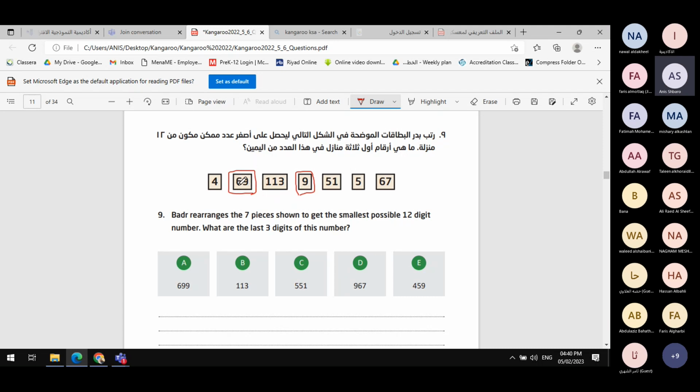So we can put the 69 or 9, right? Yes, to obtain the 9 in the ones. But in this order, you got rid of two 9s at the beginning, which will give you the smallest number. And of course, your choice is A. Okay, thank you, Faris.